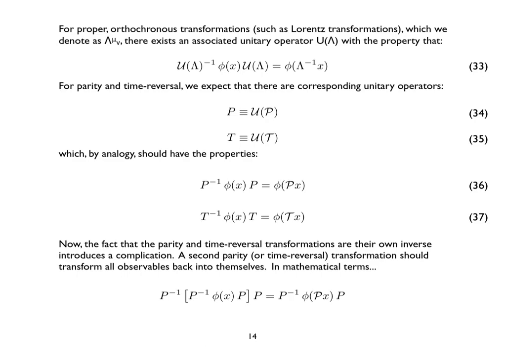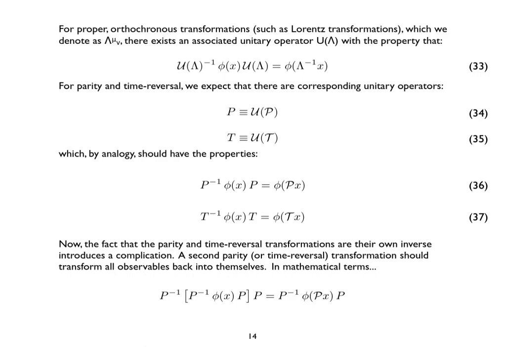Right. So we know that for the case of Lorentz symmetries, we have this identity where we sandwich a scalar field between these two transformation matrices, and it's equivalent to the original field with the transformation done on the space-time coordinates of the field. Okay. So we proposed that maybe, in analogy, parity and time reversal have some analogous equations, right?